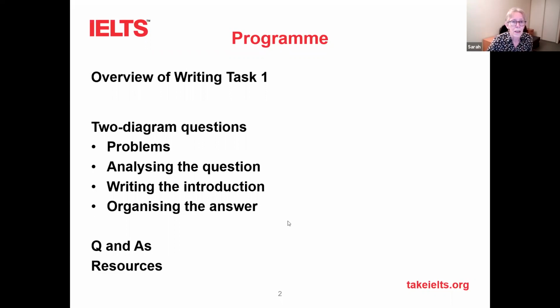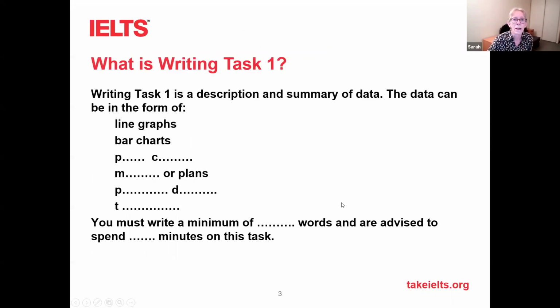Okay, so let's just have a look at what it is. Okay, so in the chat box, could you just fill in the gap, so to speak? So writing task 1 is a description and summary of data. And what form can that data be in? I've given you a couple, line graphs and bar charts.